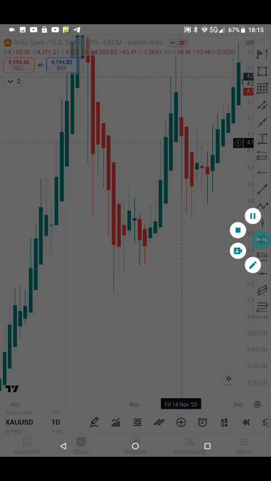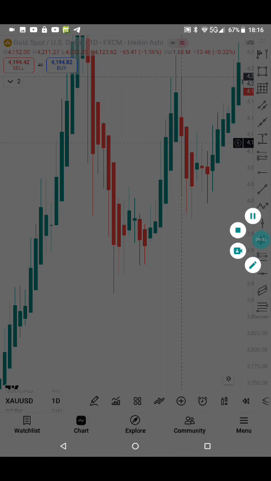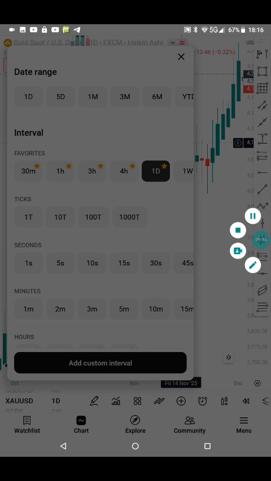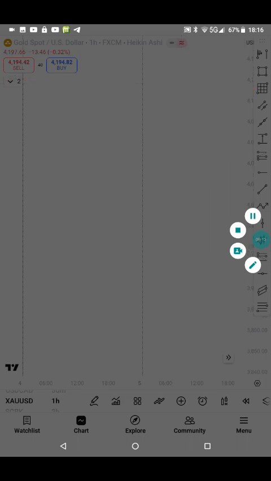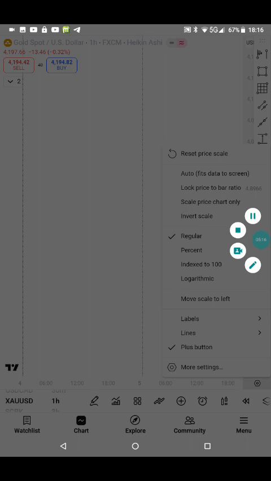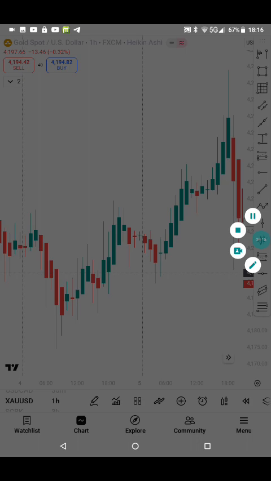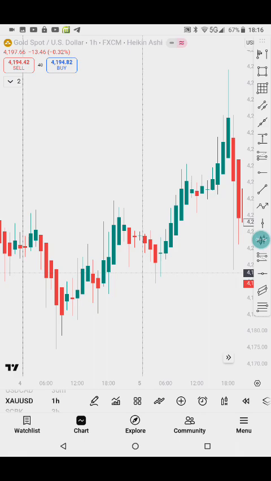What can we do? We check a lower time frame. We can go to 1 hour. I trade mostly in 1 hour, but you can even check in 5 minutes. No big deal, because this is scalping and we are not all trading the same time frame. So you can see here we had our doji, and then we have this candle with a lower wick.